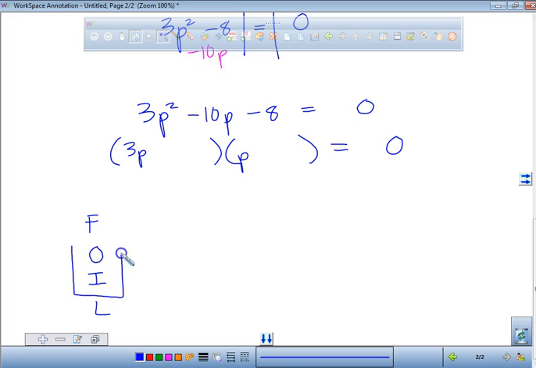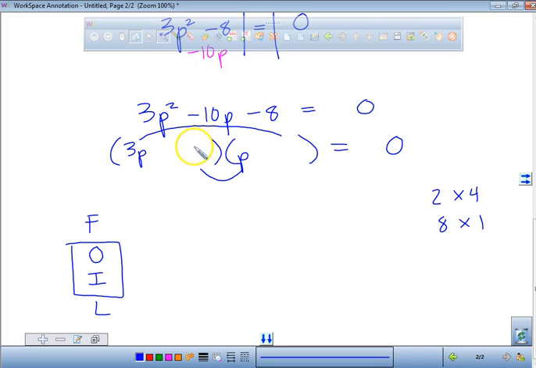So right now, everybody, I'm just worried about the O and the I. Now our outer products, the inner is in the middle. So we have the outer and the inner. Right here we have an 8. What are the only factors of the number 8? 2 times 4 or 8 times 1.